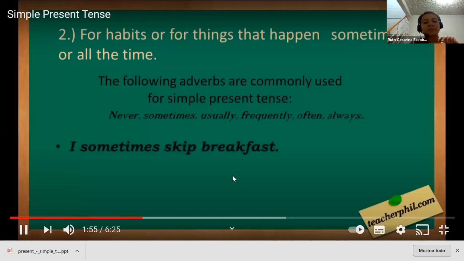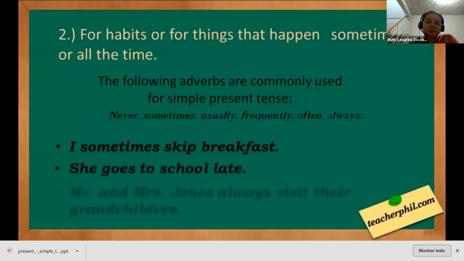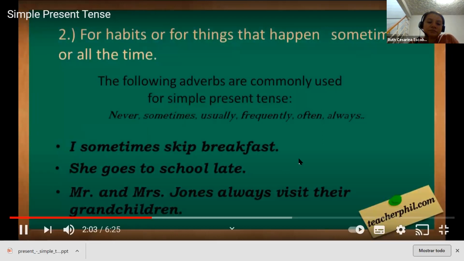Examples: I sometimes skip breakfast. She goes to school late. Mr. and Mrs. Jones always visit their grandchildren. Okay. So, Ruth Cornejo, please read the examples.